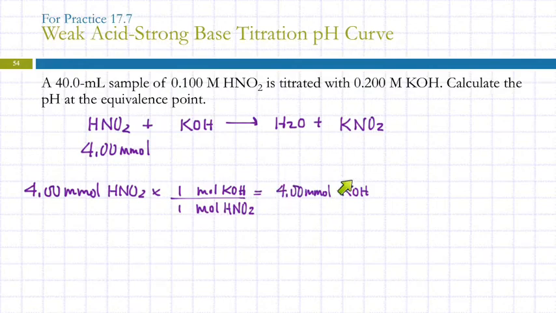So I've got 4 millimoles of KOH. Well, how many liters or milliliters of the KOH solution did I add? Well, I can use the number of millimoles to calculate that. So I've added 20 milliliters of that solution.